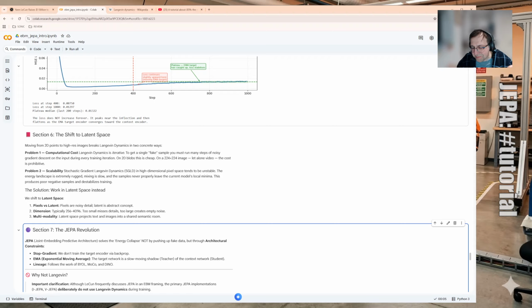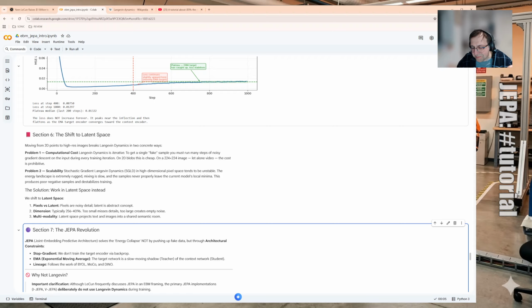The point of the stop gradient is to prevent this collapsing. Because if you want to cheat, you can just set both encoders to 0, and great, I have a 0 loss.